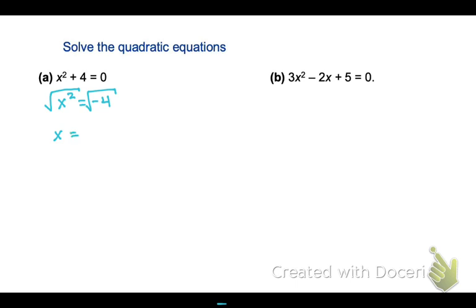It's going to be plus and minus 2 times the square root of negative 1, which is 2i. Where'd the i come from? Because of that negative 1, right? Now again, if I asked for the factors, wouldn't these be x plus 2i and x minus 2i?